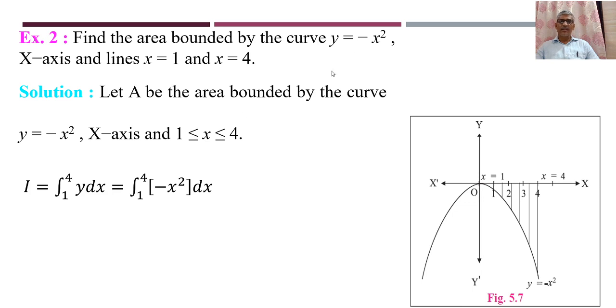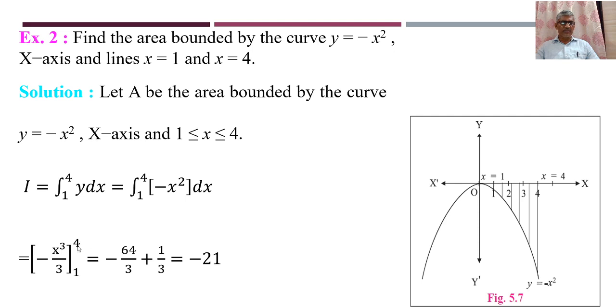But what is y? Y is minus x square. Take the minus sign outside the integration, integration to the limit 1 to 4 of x square dx. What is the integral of x square? X cube divided by 3 to the limit 1 to 4, by putting upper limit minus lower limit.